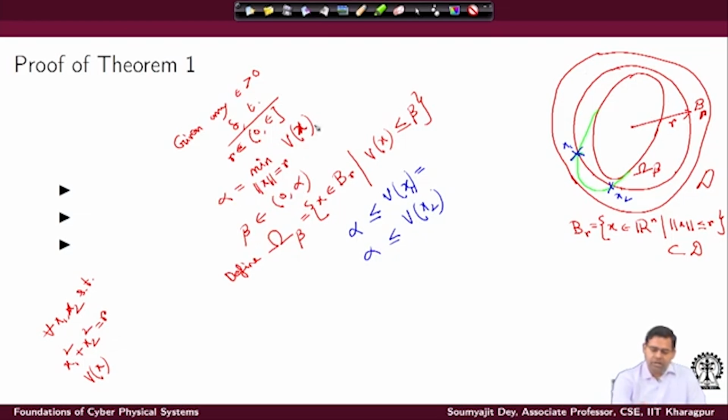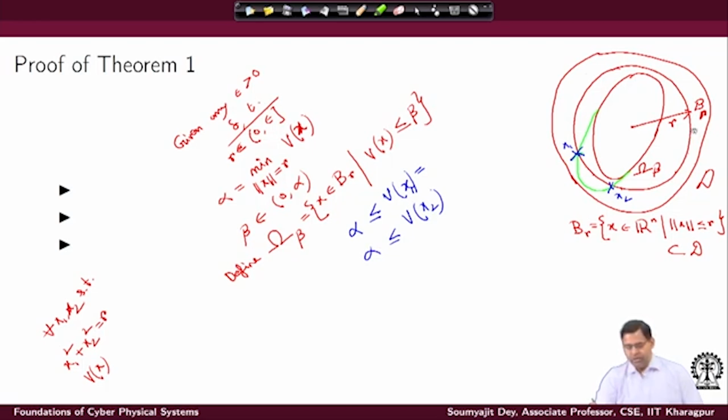And what is alpha? Alpha is the minimum value Vx can assume on this circumference. So, let us understand this very clearly. I am just repeating. I took this sphere and I evaluated Vx on its surface, and that gave me possible sets of values, right.